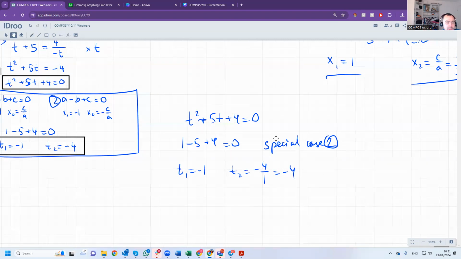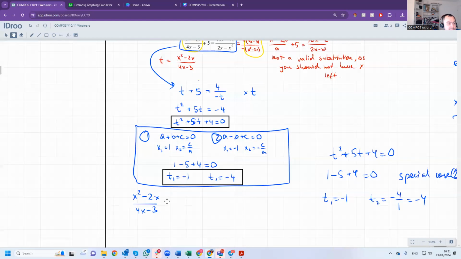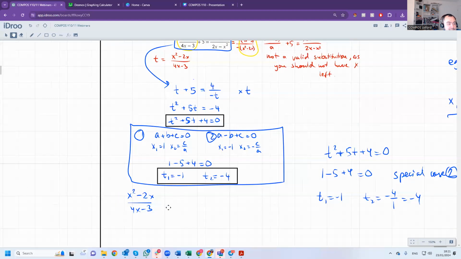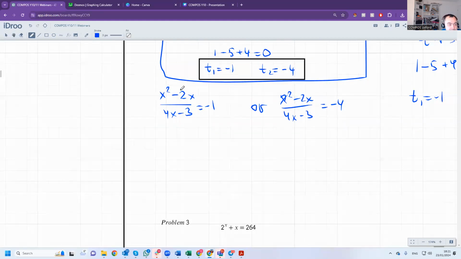Perfect. Lovely. Okay, so we have x squared minus 2x over 4x minus 3, and that's equal to negative 1. Or we have x squared minus 2x over 4x minus 3 equals negative 4. So these are two separate equations, and here we just multiply by 4x minus 3, so it's x squared minus 2x minus 4 equals minus 4x plus 3.